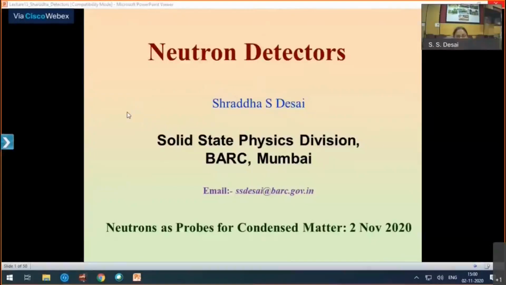These detectors are of various types, and today I'm introducing you to the basic principle, how they detect, what properties of the detector are essential for our neutron scattering experiments, and how this nuclear reaction for neutron detection can be used in one-dimensional and two-dimensional detectors. So just a brief introduction.